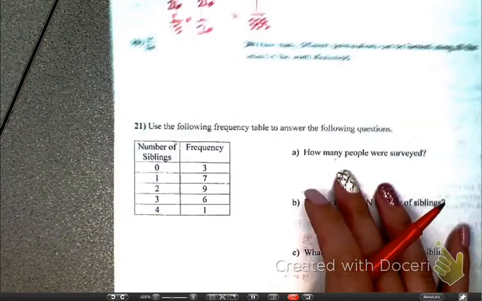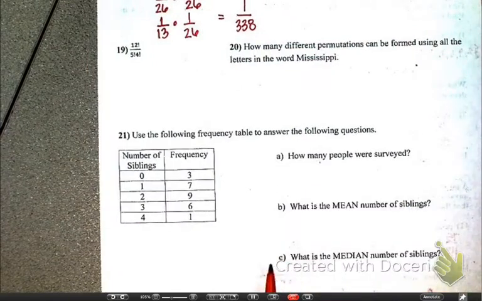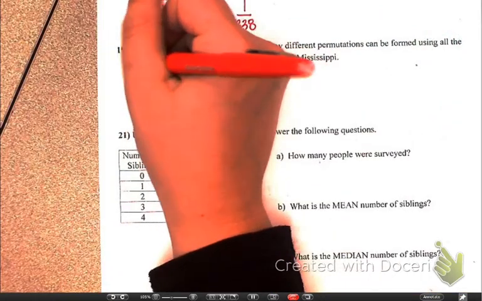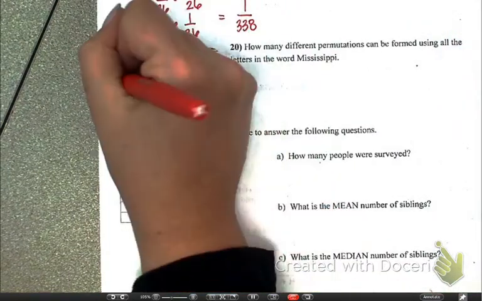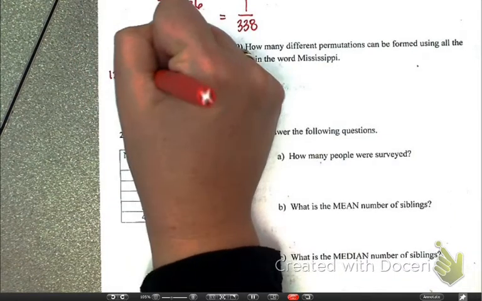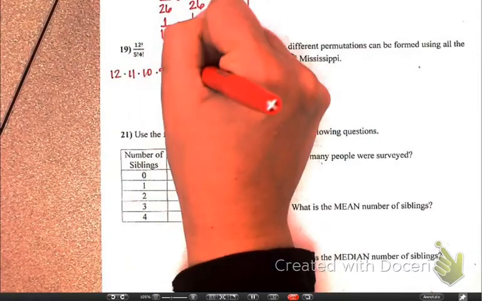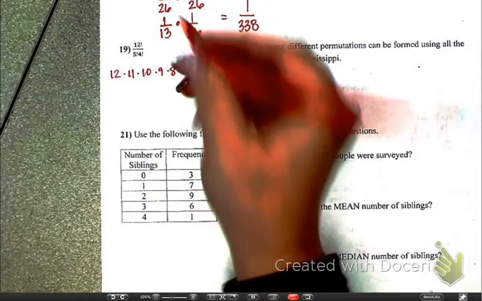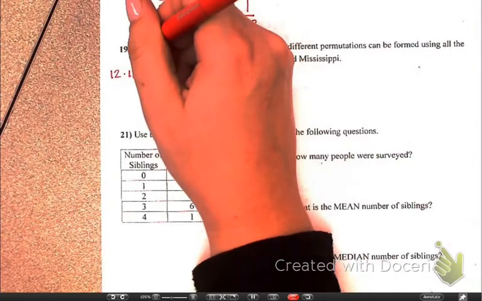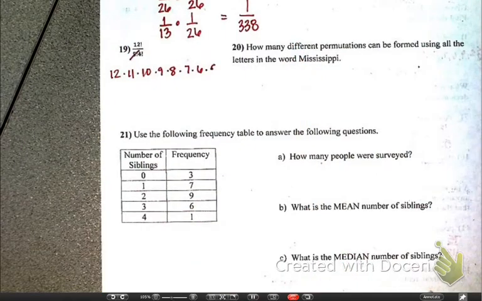Okay. Factorials. So you need to write this out. Yes, your calculator does all the hard work for you, but I want to see your work. So first of all, 12, 11, 10, 9, 8, 7, 6, 6. Because 5, 4, 3, 2, 1 cancels with that 5, 4, 3, 2, 1. So ignore that.